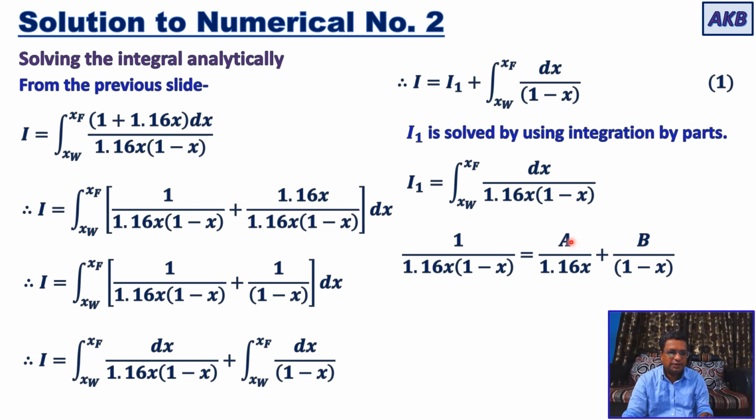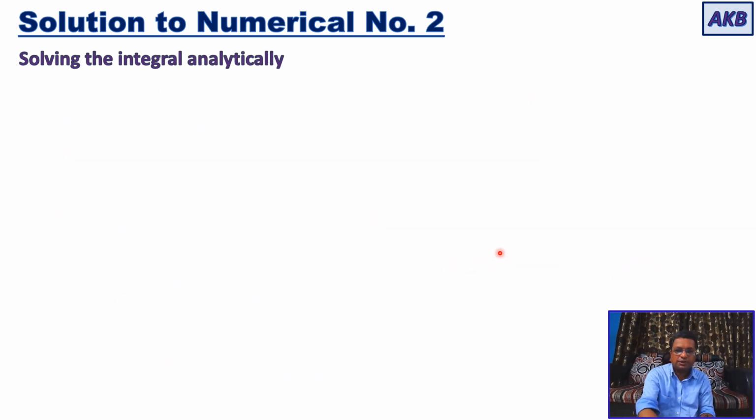So that is a upon 1.16x plus b upon 1 minus x. Now our task is to get a and b. Once you get a and b, you can easily integrate this term a upon 1.16x, and this term also. So the net result is we are going to get the solution for the integration of this term. Okay, let us move ahead.